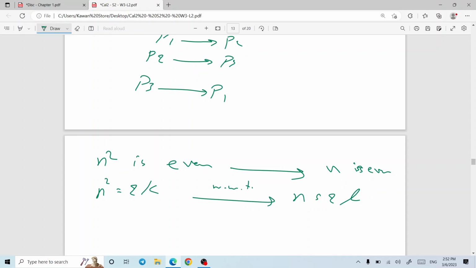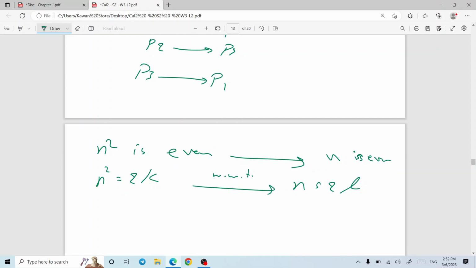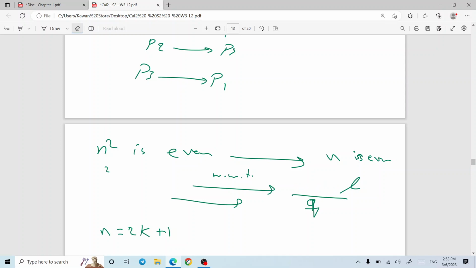So both of them are not odd. Yes, exactly. So how do we solve them? By which way, direct or indirect? Contrapositive. Okay, so negation of here, we say N is equal to 2K or 2L plus 1, right? Why? Why do we say that?